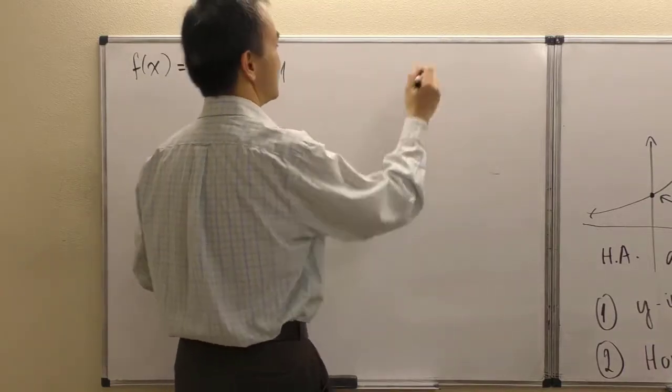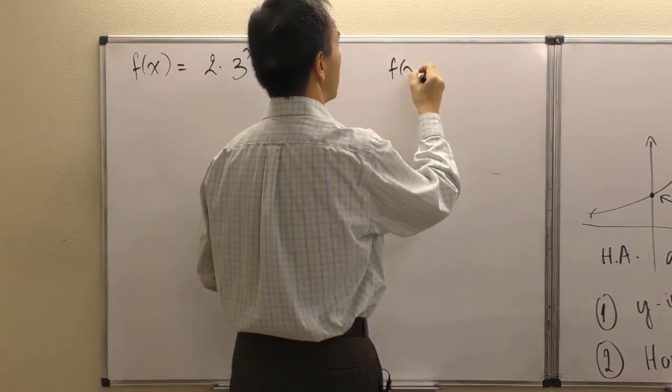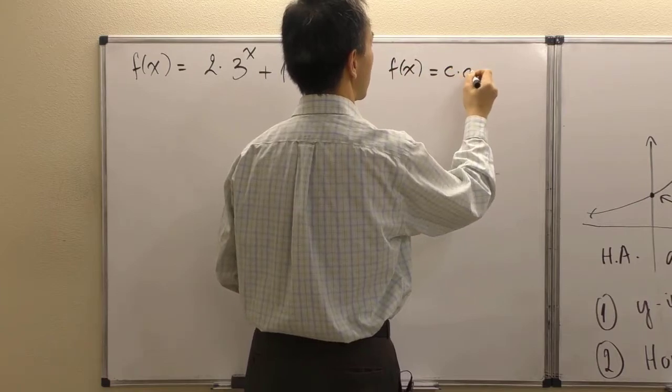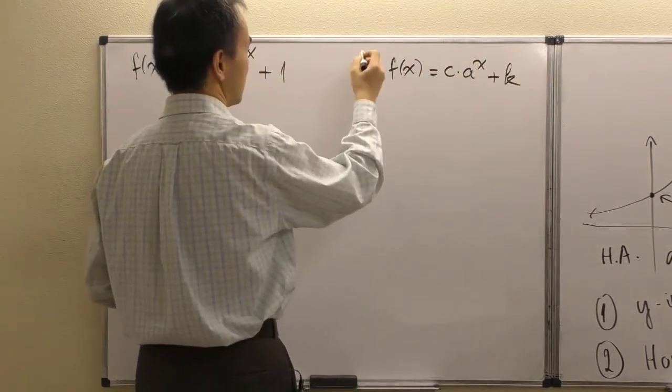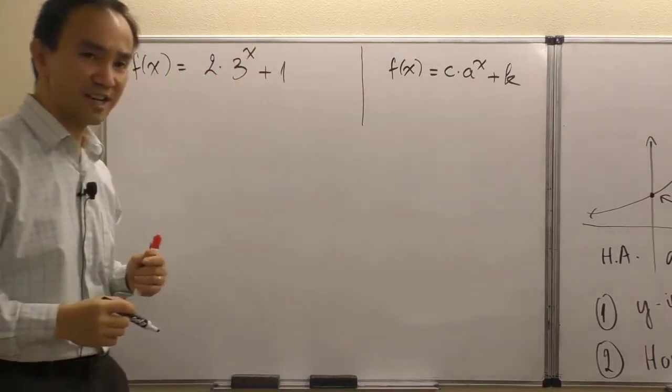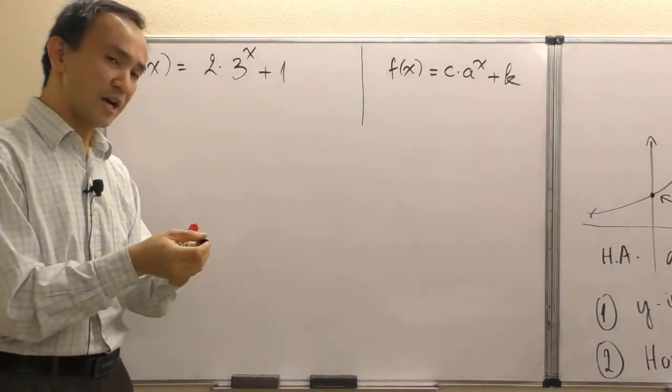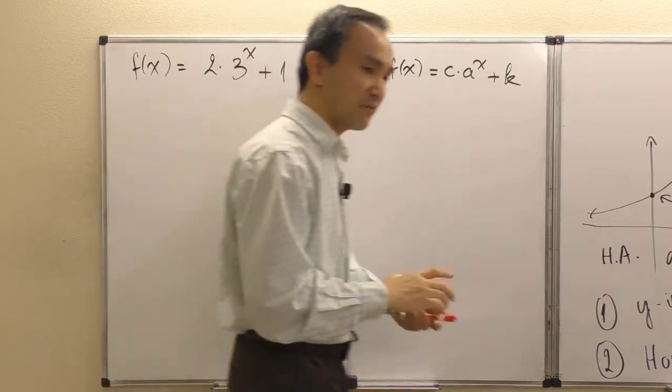And yes, generally we want to look at f of x equals some c times a to the x, plus k. All right. So let's put that side by side like that. All right, so now I'm going to swing by Desmos, my favorite graphing utility.